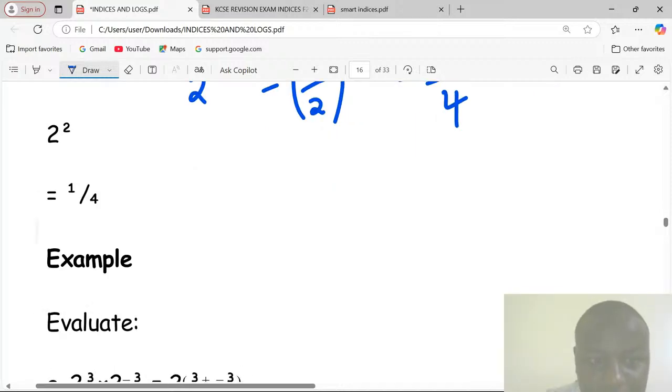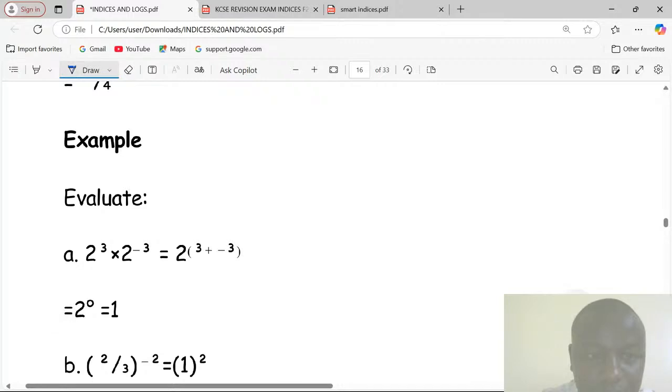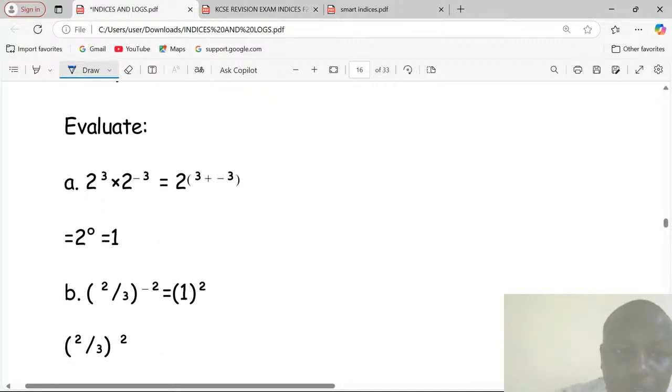We have another example here, whereby we are being told that 2 power 3 is multiplied by 2 power negative 3. We can solve this question in 2 different ways.